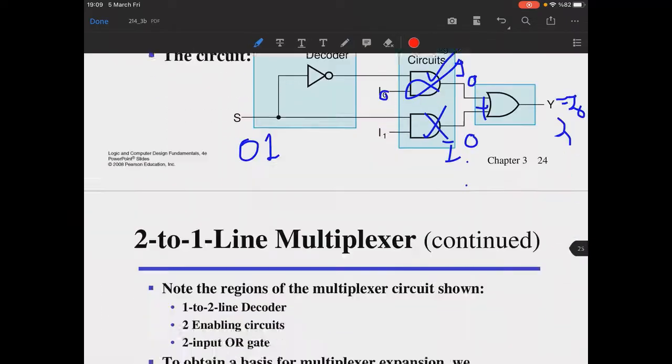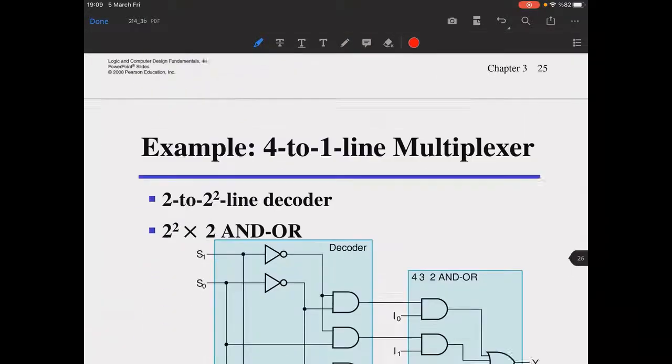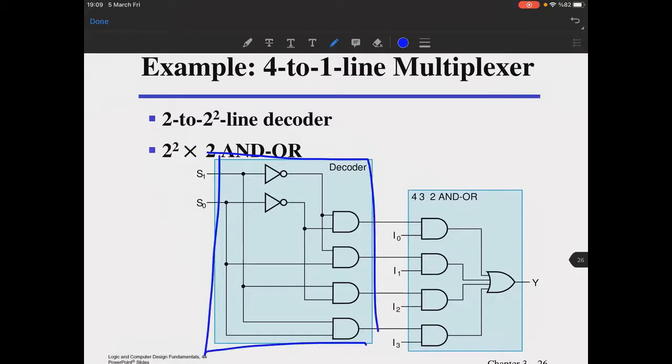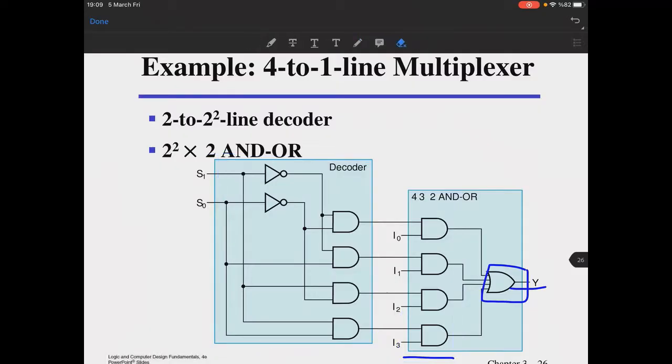That's the idea. And if you want to expand this to a 4 to 1 line multiplexer, again you will have your selecting circuitry as a 2x4 decoder here for selection, and your input level here, your data level, and this would be your common output here, where only one of the inputs will be active at any given time.